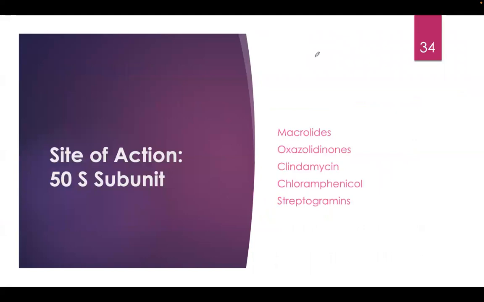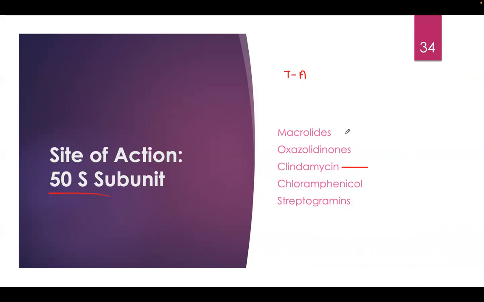So that leaves the 30S subunit drugs. Now we go to the 50S ribosomal subunit drugs. Remember CLEAN TAG. We talked about the TAG part, the 30S, tetracyclines and aminoglycosides. Now we're going to talk about the CLEAN. The C is going to be clindamycin. The L is going to be linezolid, the 50S.